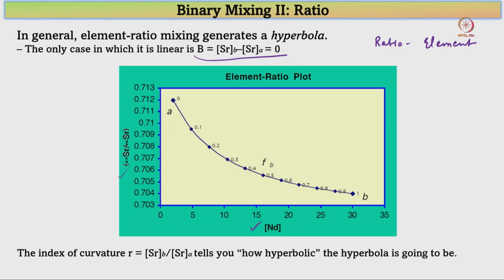And one more important thing is the radius of curvature. How hyperbolic the hyperbola is, you can find out with the strontium ratio or by the ratio of one of the tracers given the end member values.